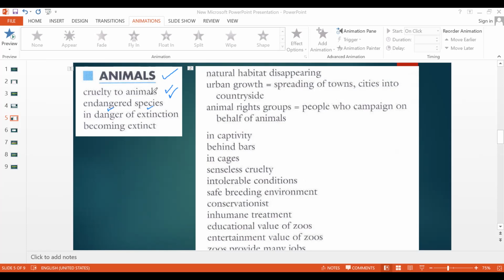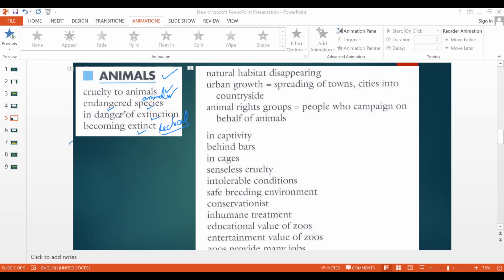So instead of saying animals under danger, it's better to use endangered, which means under danger, and to use species instead of saying the word animals. Also, the word extinction and extinct. All of these are technical words that I recommend to use. And the technical words differ based on the type of text you are writing about.